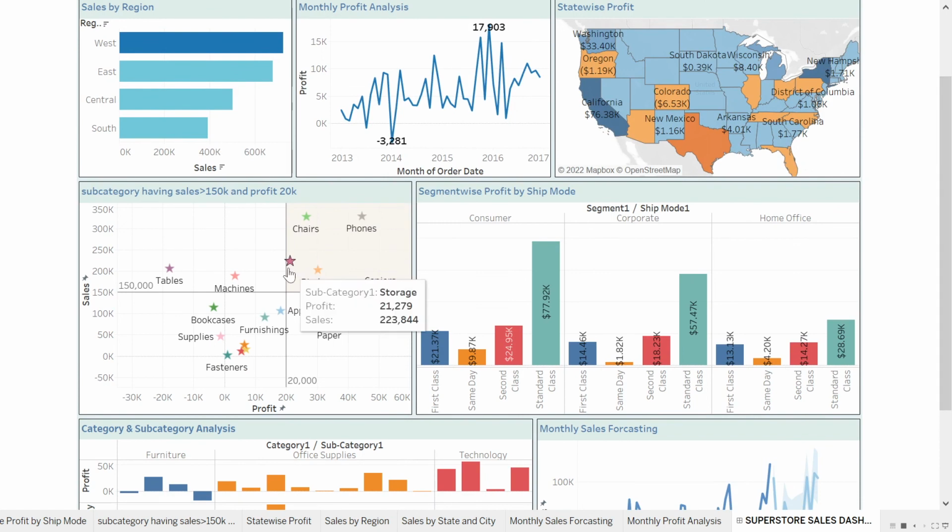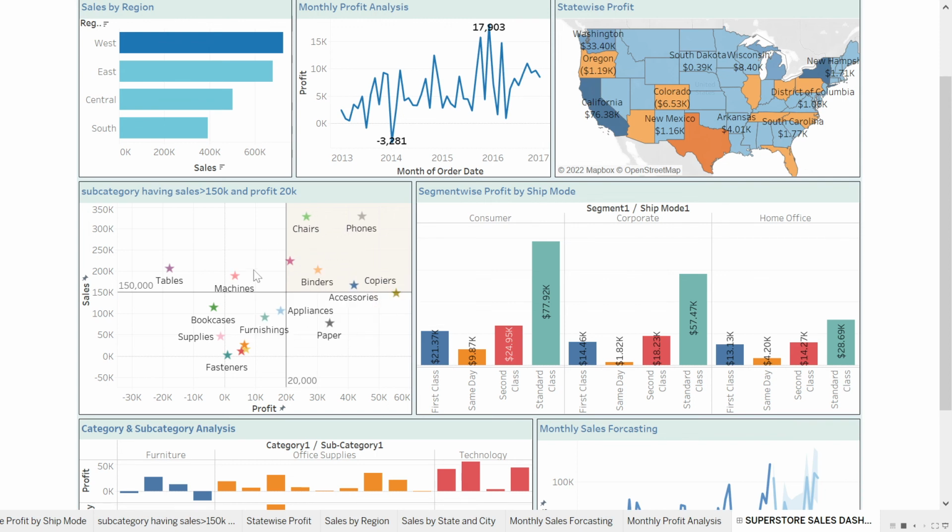Next is the fourth graph, a scatter plot of the subcategories having sales greater than 155K and profit of 20K. We can see that these five subcategories have sales greater than 150K and profit of 20K, which shows that we can increase the quantity of these subcategories, which will help us to increase profit and sales.